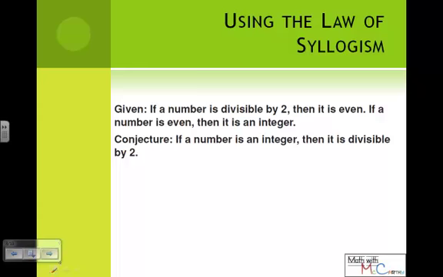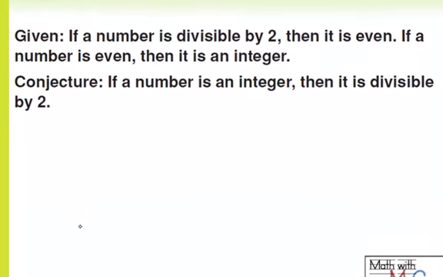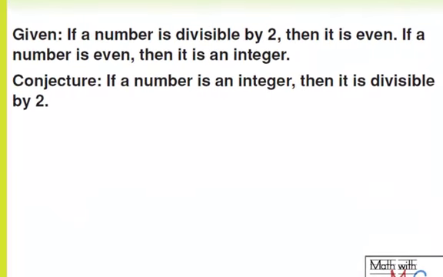So let's try this one. It says given if a number is divisible by 2, that's P, then it is even, that's Q. If a number is even, that is Q, then it is an integer, that would be R. So P implies Q, Q implies R. We're looking for P implies R. So our conjecture should say if a number is divisible by 2, then it is an integer.